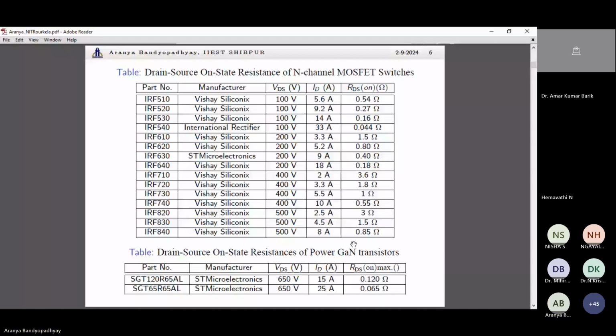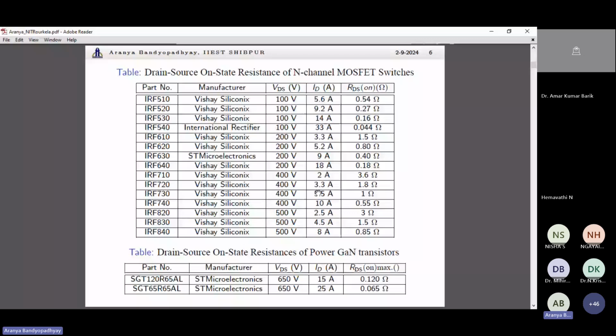In your system, you would need a switch, say, for 300 volts and 5 ampere. What is the type of switch that you are going to go for? Say 300 volt and 5 ampere, then at the very first stage, you will go for either IRF 730 or IRF 740.